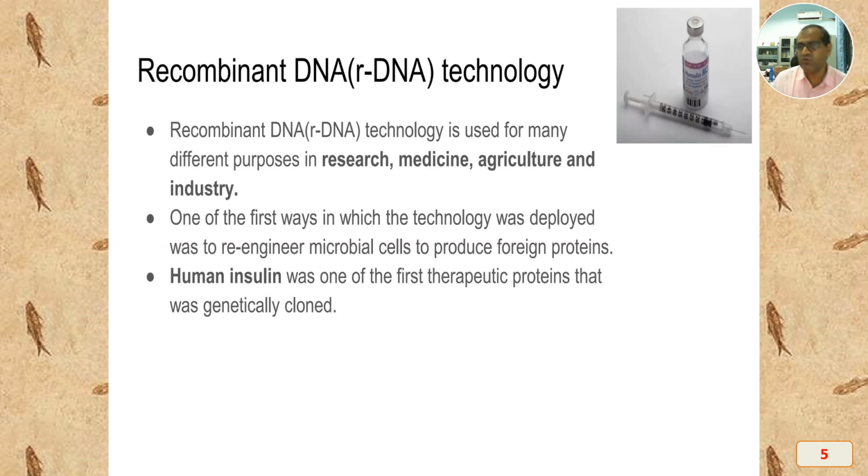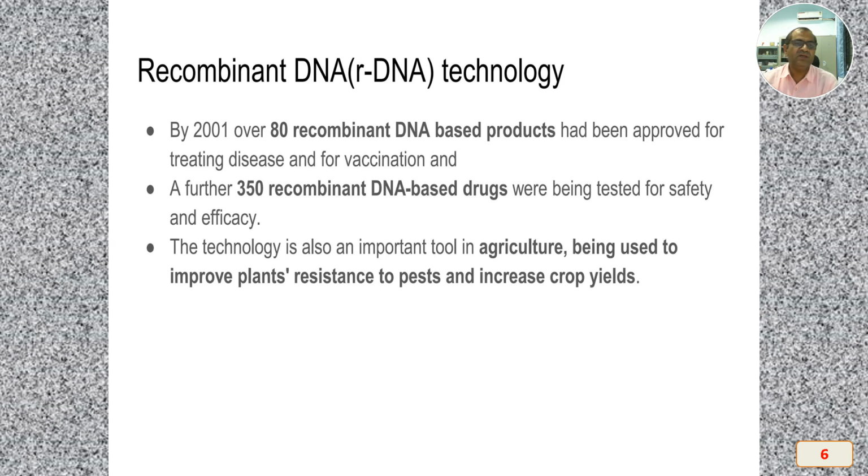So the microbial cells are utilized in such a way that they are directed to produce the required proteins which we intend. Human insulin is one of the first therapeutic proteins that was genetically cloned using recombinant DNA technology. By 2001, over 80 recombinant DNA based products had been approved for treating diseases and also for vaccination.